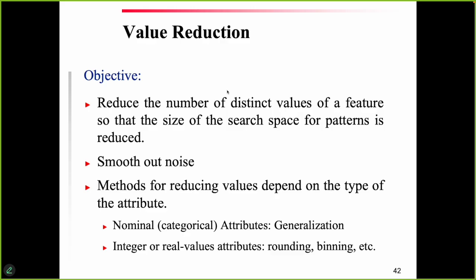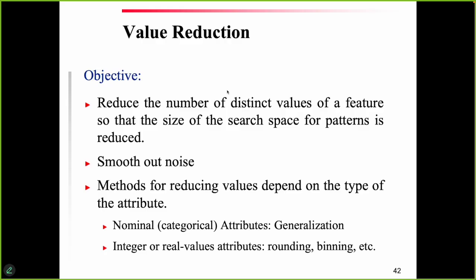So far we talked about different data reduction techniques, such as dimensionality reduction, in which you try to reduce the number of features, or columns, in your table. For instance, one method was feature selection: if you have several features, you select a subset of them.